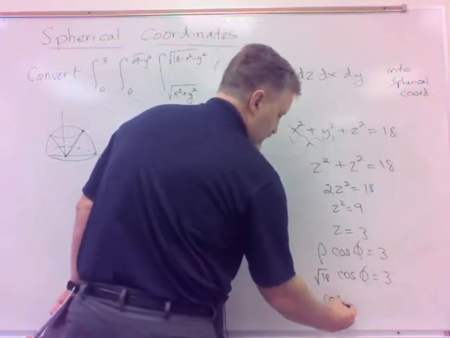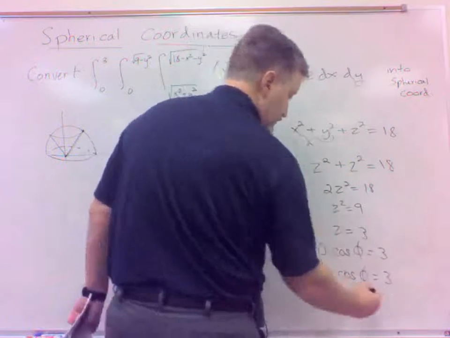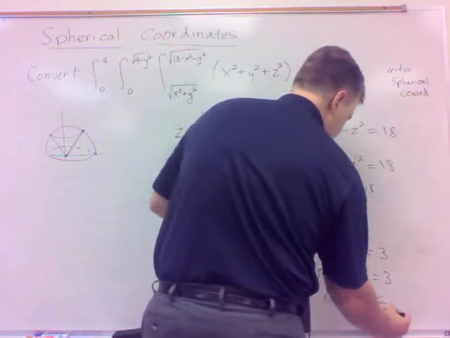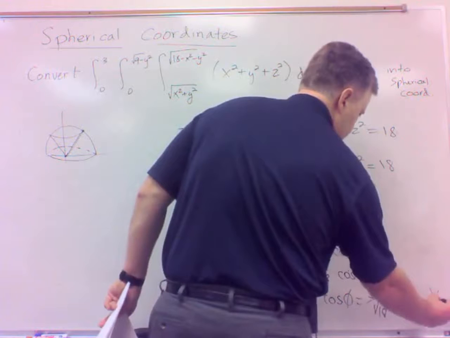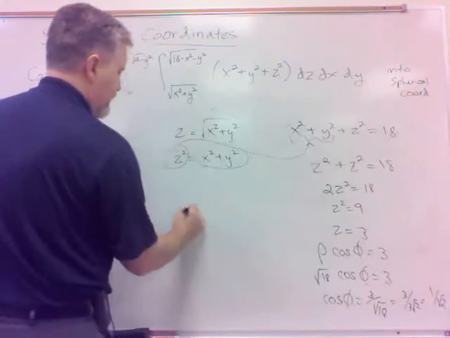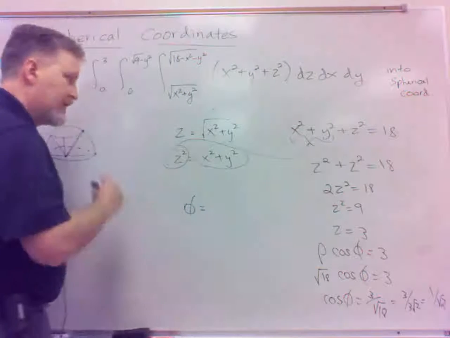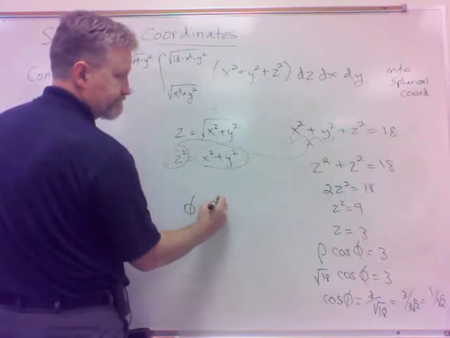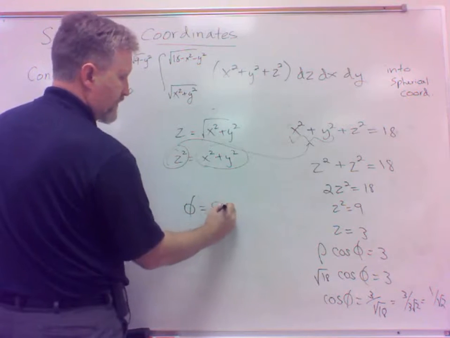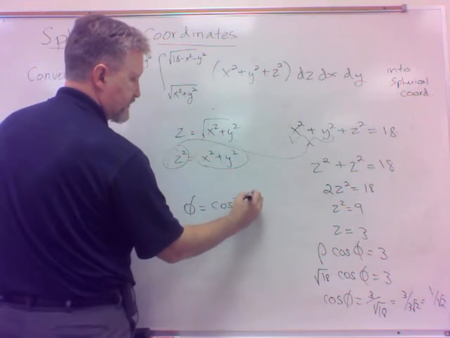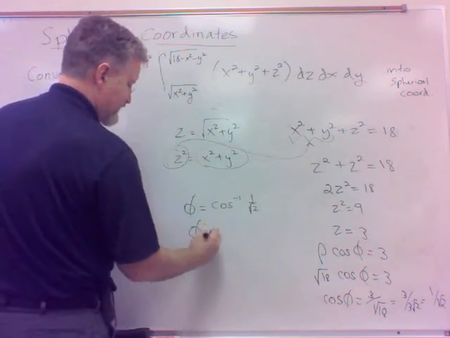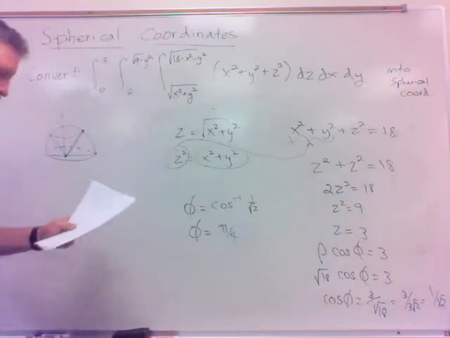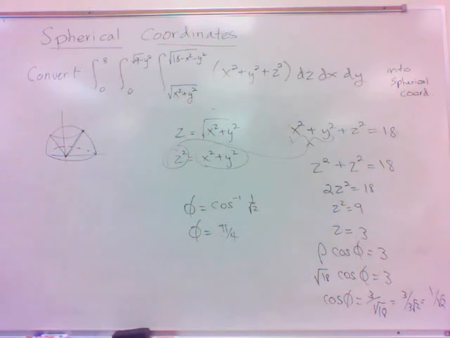Then the cosine of phi would have to be equal to 3 divided by the square root of 18, which is 3 divided by 3 square root of 2, like we said. So that's 1 over the square root of 2. And so phi, where they intersect, would be the inverse cosine of 1 over square root of 2, which is square root of 2 over 2, which is actually pi over 4. And so phi is going to range from 0 to pi over 4.